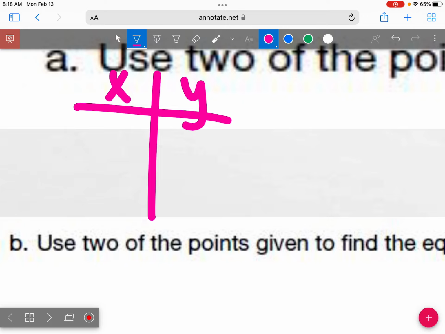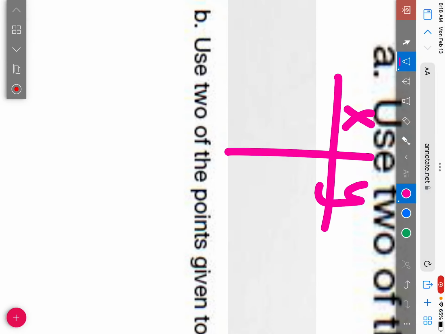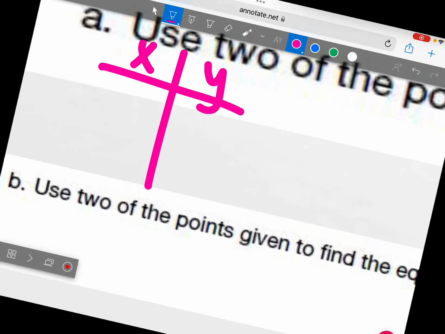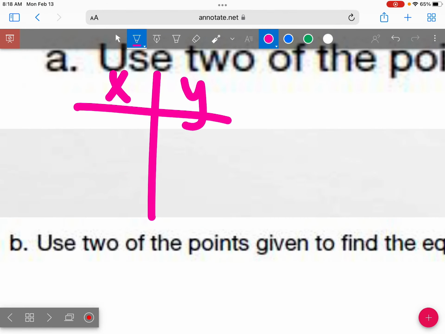Which points did you guys use? Did you use $1, $2, or $4? $1 and what else? $2. Okay. So if we do 1 and 2, we have 35 and 130.